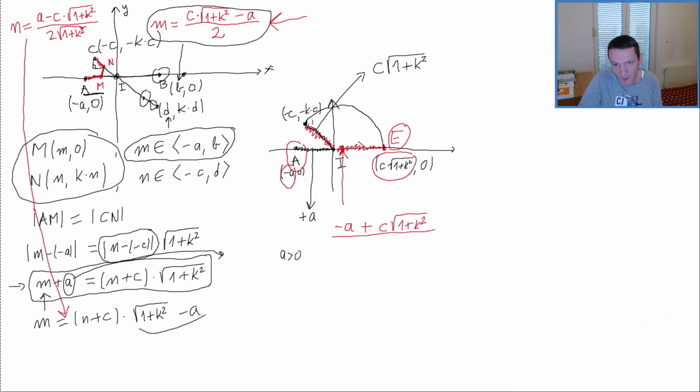This is exactly what we obtained for m. This is exactly our solution m. So the constructive proof is simply to transfer this line segment ci here on the right on the x coordinate, then obtain this point E, and then simply take the midpoint between A and E.